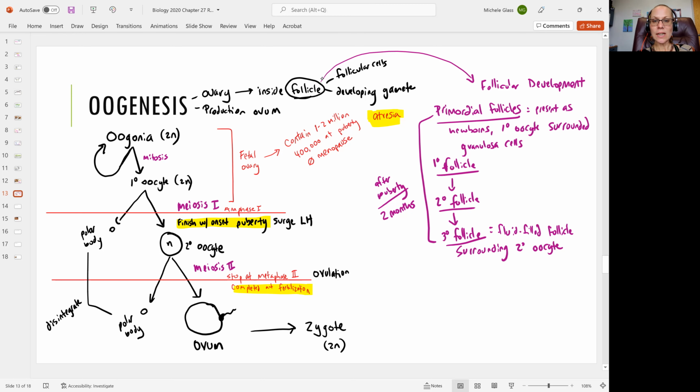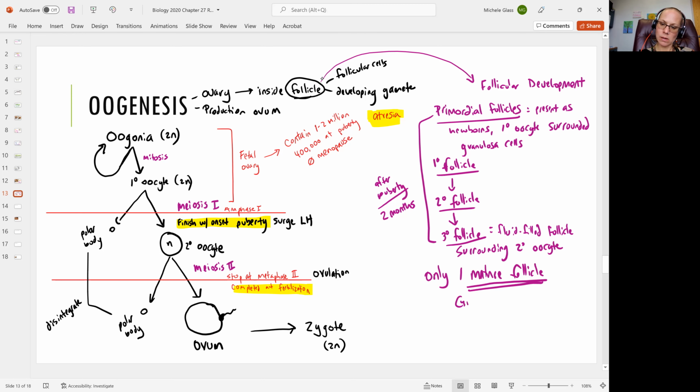And so my understanding is that during the ovarian cycle, during those 28 days, we're getting sort of this assembly line where some primary follicles make it to secondary, some secondary make it to tertiary, but we get just one mature follicle.